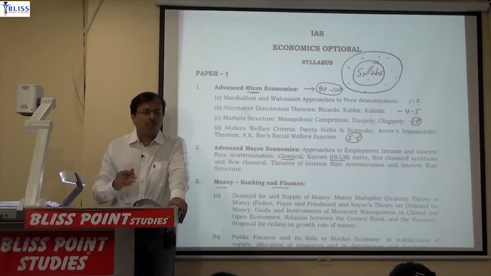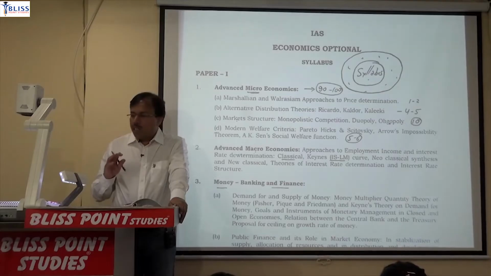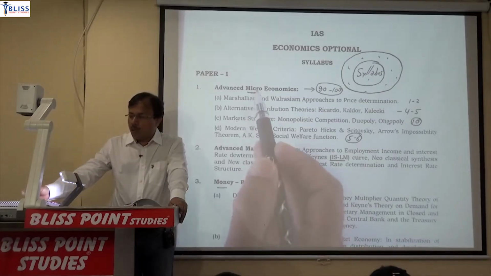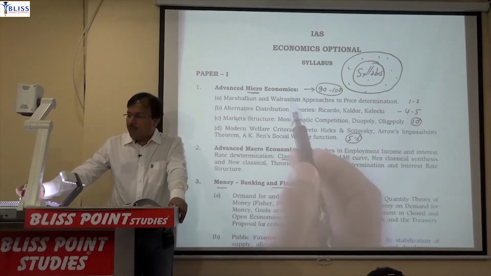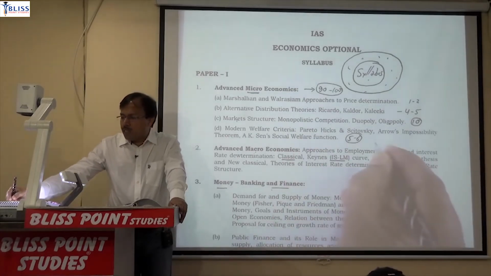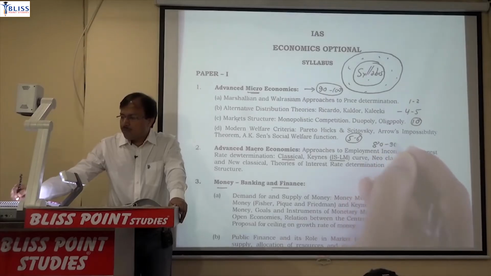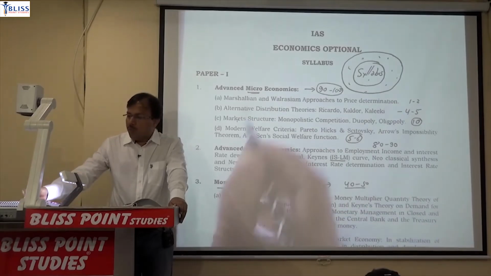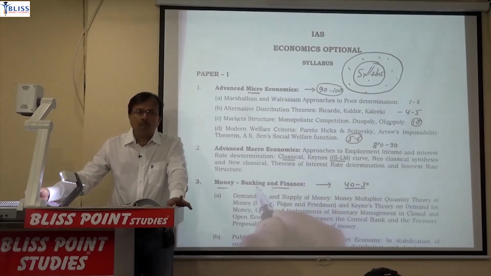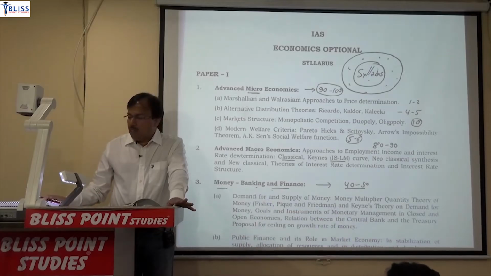So it is not followed rigidly, but mainly in section A you will get questions from micro, macro and money and finance. Macro weightage will be roughly 80 to 90 marks. Money and finance will be say 40 to 50 marks. So micro, macro and money is section A.